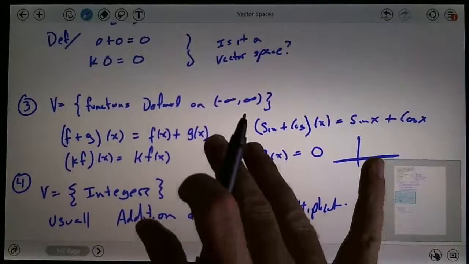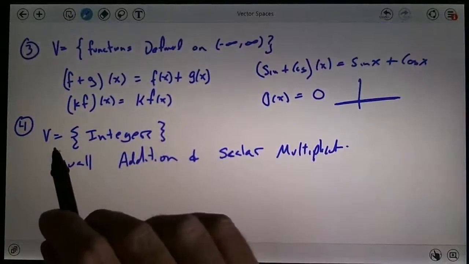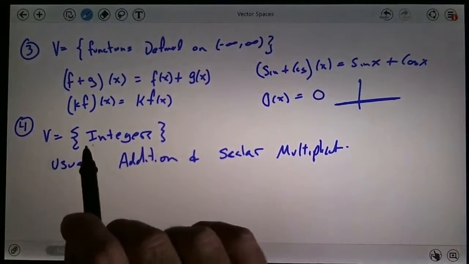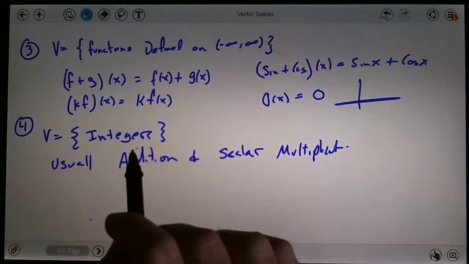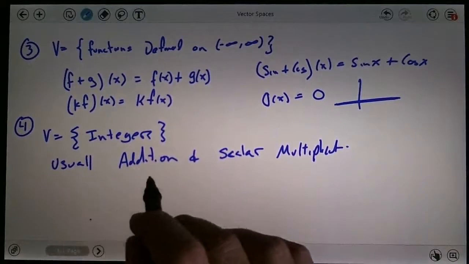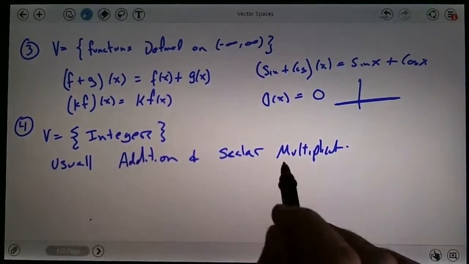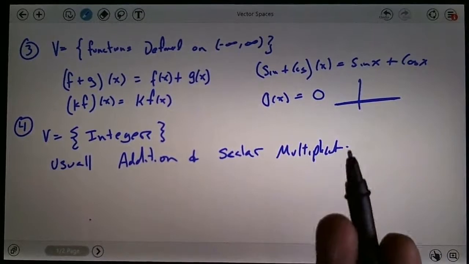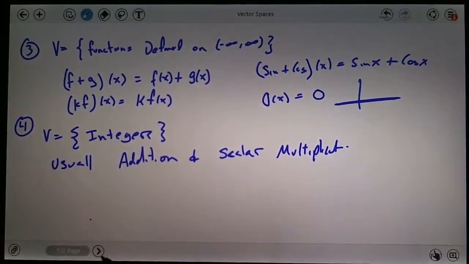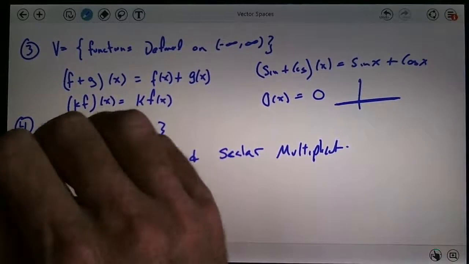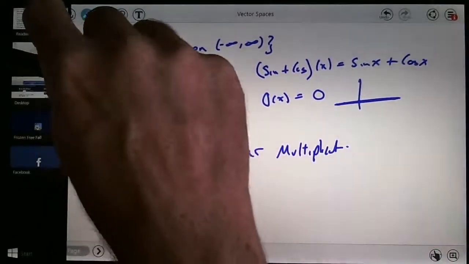Here's an example. I want V to be the set of all integers, and I'm going to add integers the way I normally would add, and I'm going to multiply them by real numbers, scalars here, the same way I would normally multiply by real numbers. Actually, I want to pull up the book here.